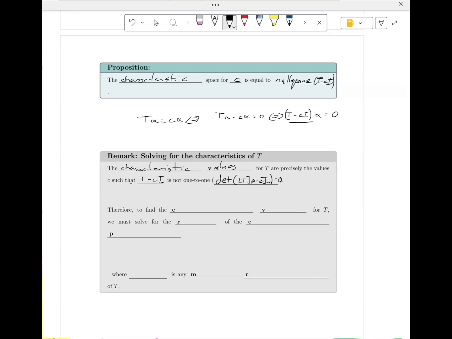This means that to find the characteristic values for T, we must solve for the roots of the characteristic polynomial f of x equals the determinant of xI minus [T]beta, or xI minus A, where A equals [T]beta is any matrix representation of T.